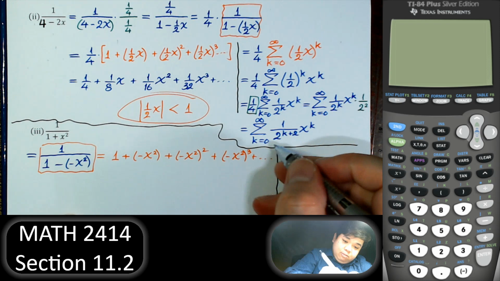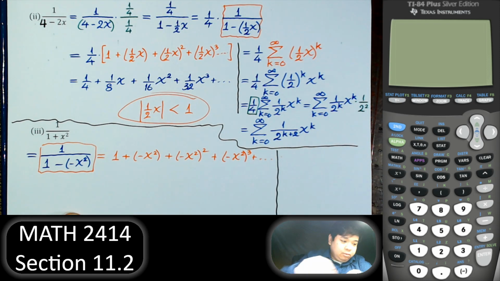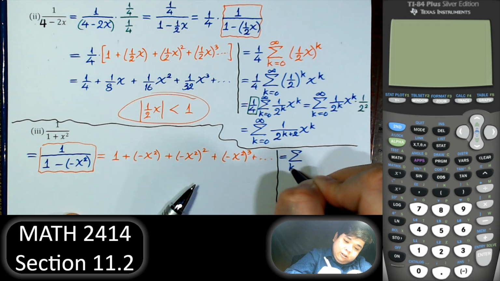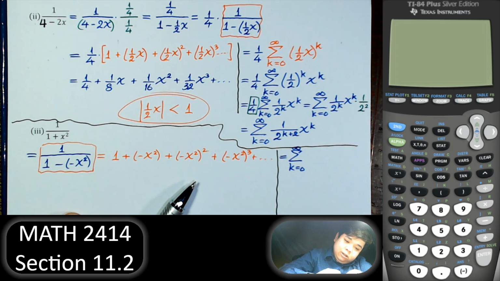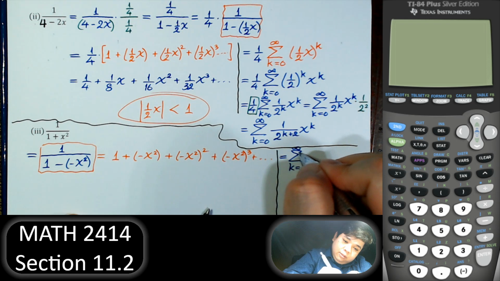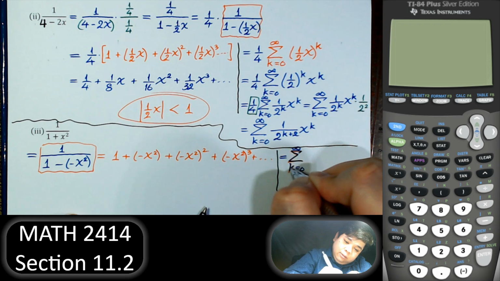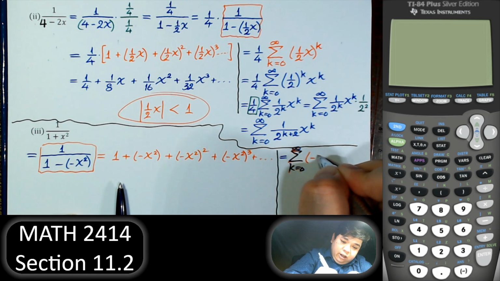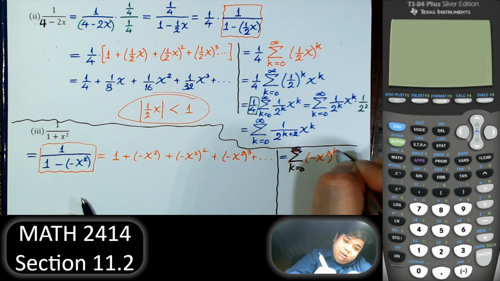Or in the summation, negative x squared to the k power.